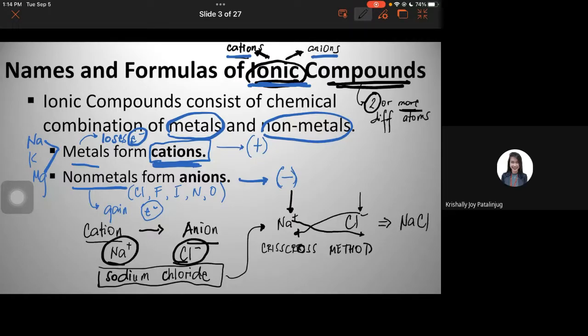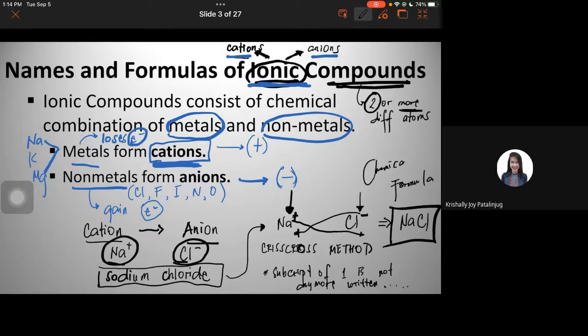Take note, a subscript of 1 is not written anymore. That's the rule in writing ionic compounds: cross over the numerical value of the charges, and disregard the charges when you write the final chemical formula.